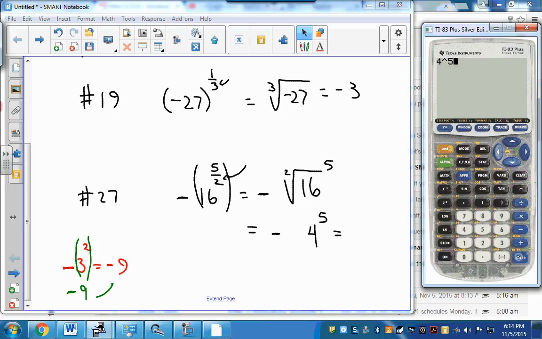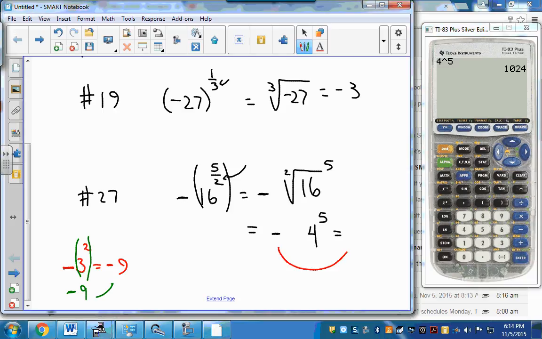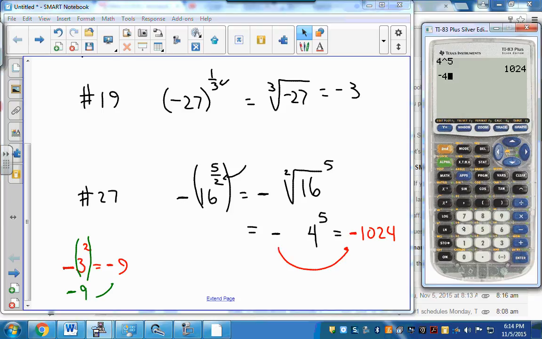Okay, so that is 1024, but this does say the opposite of it. So don't forget to do that. The opposite of 4 to the 5th is the opposite of 1024. The good news is the calculator works order of operations exactly right. If I had the opposite of 4 raised to the 5th, it does give me the right answer. So most calculators are programmed correctly.